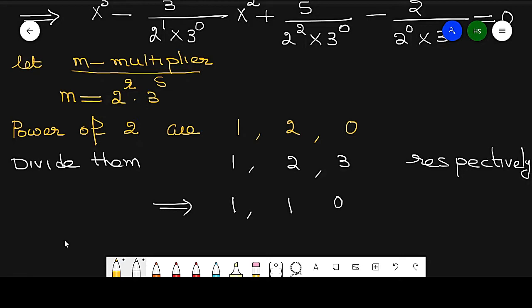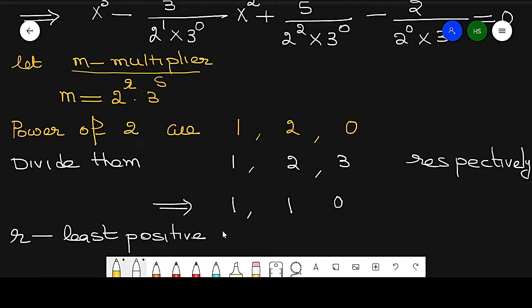So what is r? r is the least positive integer not less than any of these quotients.